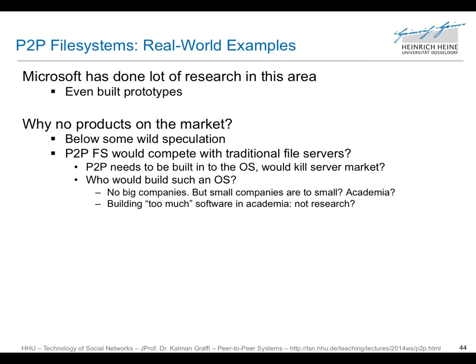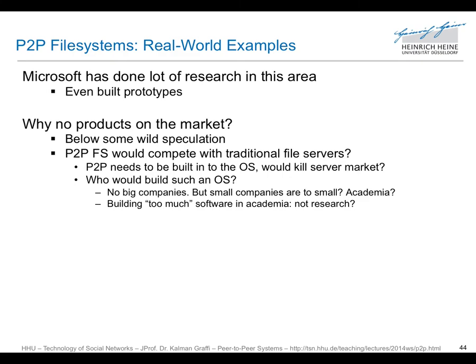So the question is, where are these peer-to-peer file storage real-world examples? First of all, we don't necessarily see this at the home market. There are some speculations why we don't see it in our desktop PCs.